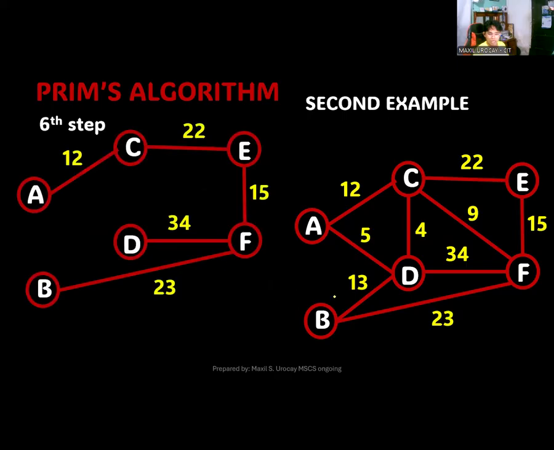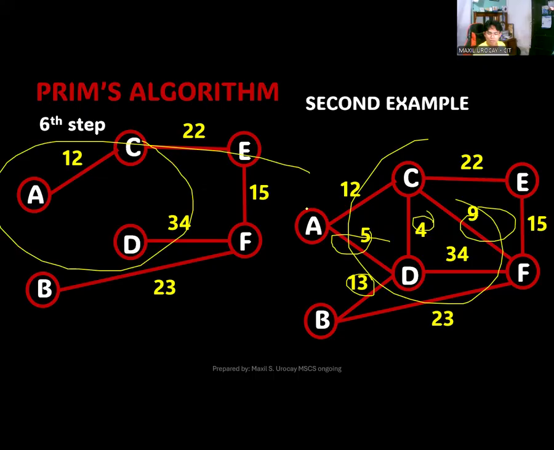Now you already have all of the vertices, and D to B cannot be chosen since it will form a cycle. So rejected, rejected, and rejected. That is your final maximum spanning tree using Prim's algorithm.